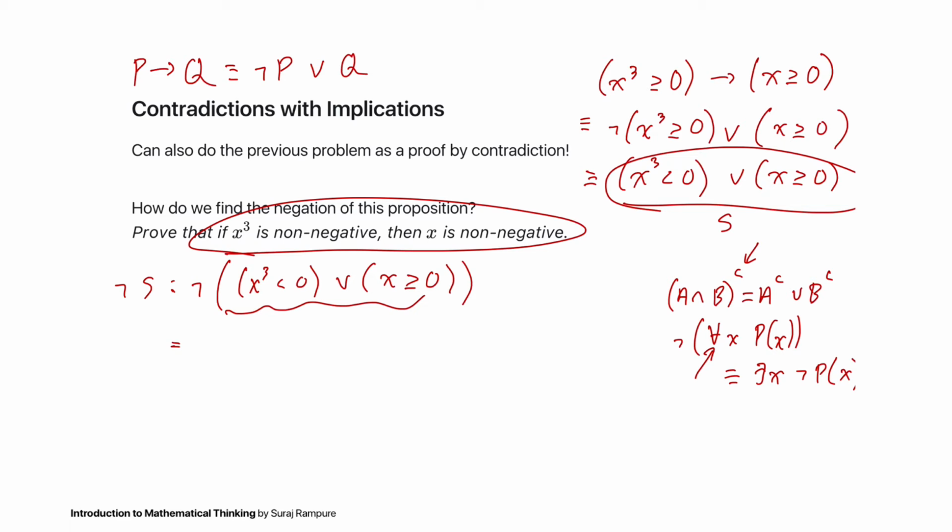So what would this look like? It would look like, well, not x cubed is less than 0. So that's the same as x cubed is greater than or equal to 0. And what? Not q, right? So x is less than 0. Okay? So right now, this is what I'm assuming. This is the negation of my original statement, right? So this is the negation.